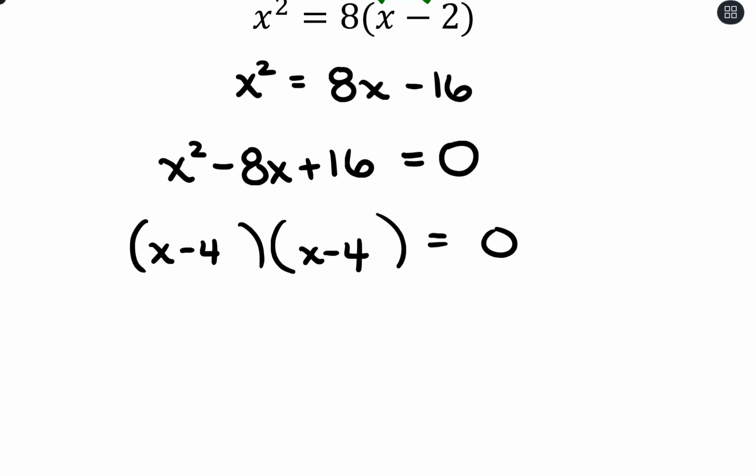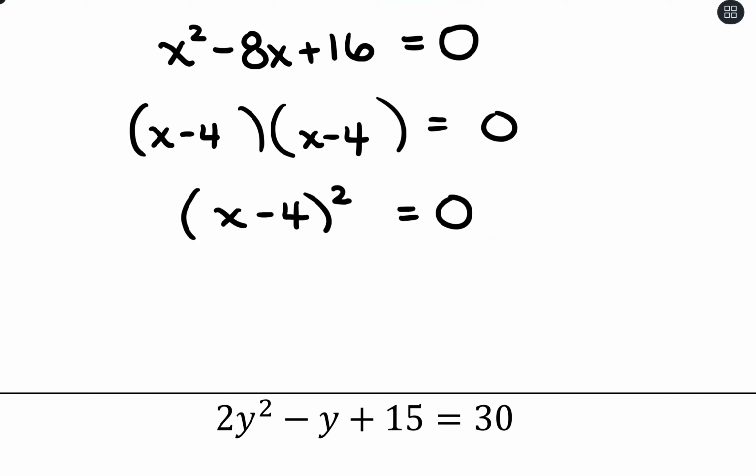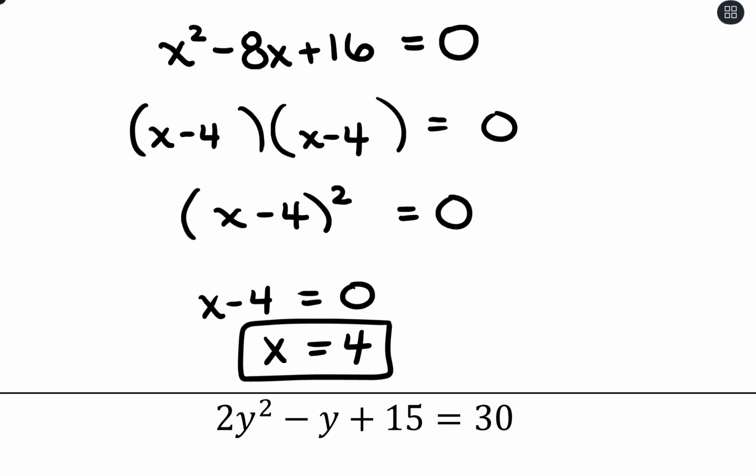And what we could have even done is notice that was a perfect square trinomial and written it as x minus 4 squared equals 0. All we need to solve once is x minus 4 is equal to 0, add 4 to both sides, and we get one solution for this, which can absolutely happen. With solving quadratic equations, you can end up with 2 solutions, 1 solution, or even no solutions. So those are the cases we're looking out for.